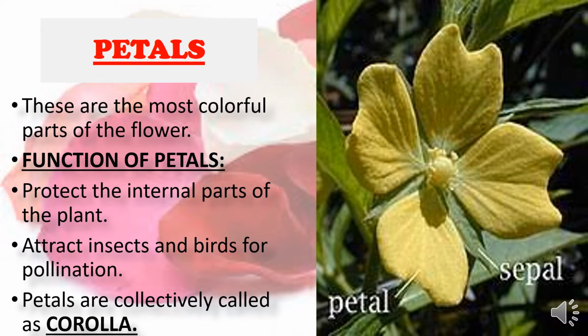And all the petals collectively are called as corolla. Like in the previous, all sepals were called as calyx, all petals of a flower are called as corolla. You can see the picture, different types of petals are there, and if I combine all the petals, then they are called as corolla.